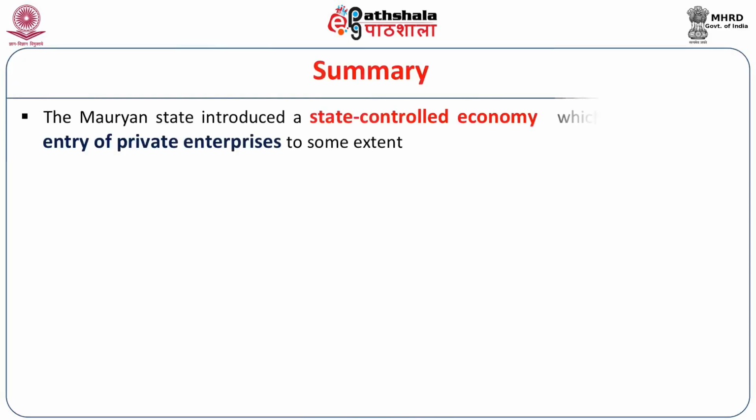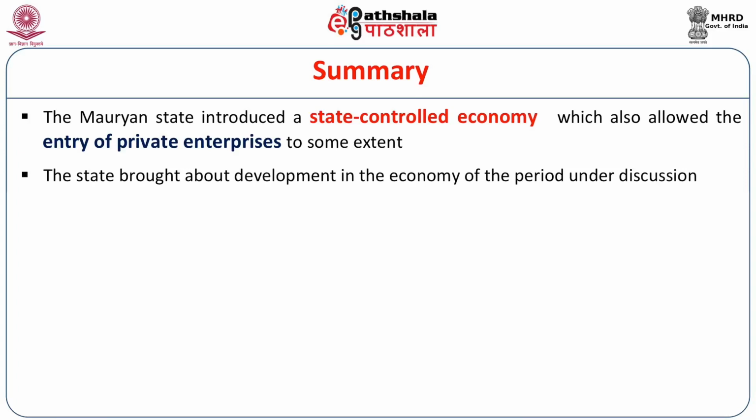So, in a nutshell, what we get about the economic conditions during the Mauryan period. First of all, the Mauryan state introduced a state controlled economy, which also allowed the entry of private enterprises to some extent. The state brought about development in the economy of the period under discussion.